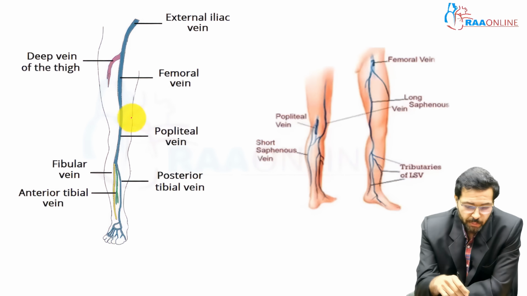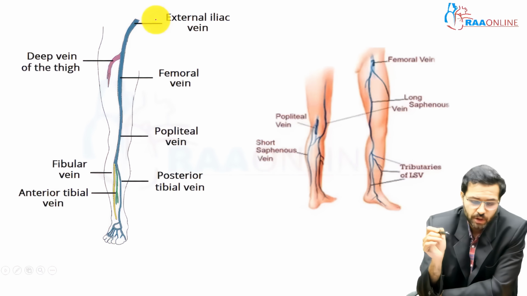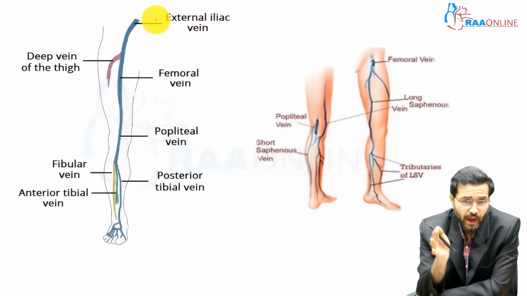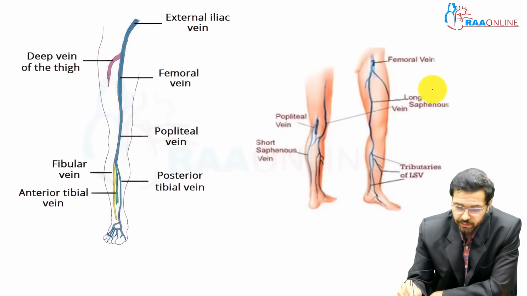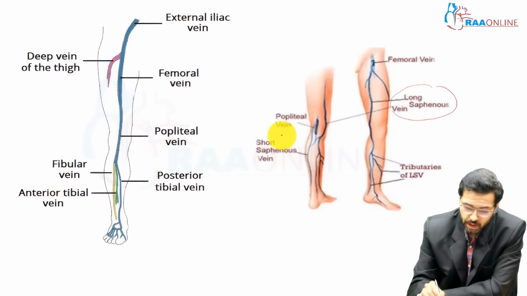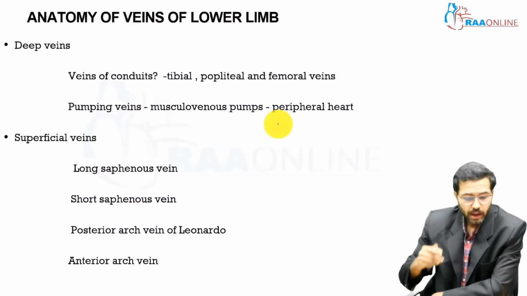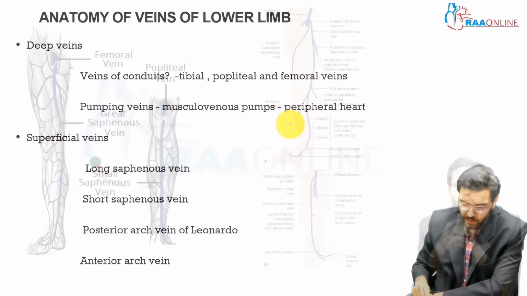They form the popliteal vein, which forms the femoral vein, and then it extends upwards as the external iliac vein. To these deep veins, you have these superficial veins entering. The common superficial veins, like I told you, are the long saphenous vein, the short saphenous vein, along with that the posterior arch vein of Leonardo and the anterior arch vein.